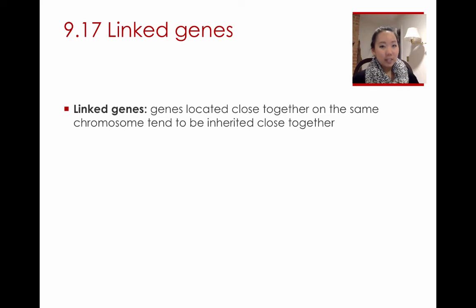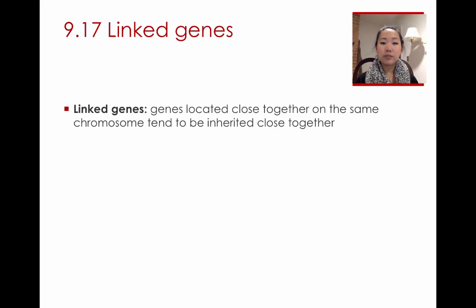Okay, something different than what we've talked about that actually opposes independent assortment is the concept of linked genes. Linked genes are when genes are located so close together on the chromosome that they have a tendency to be inherited together.